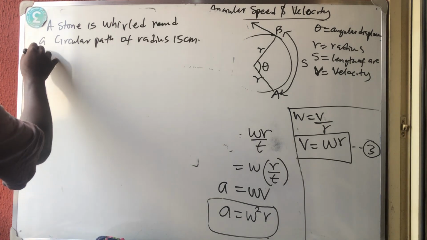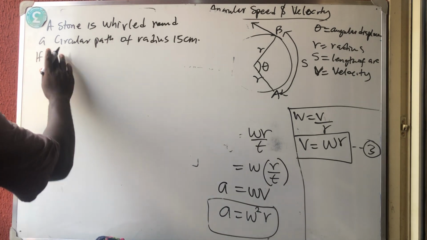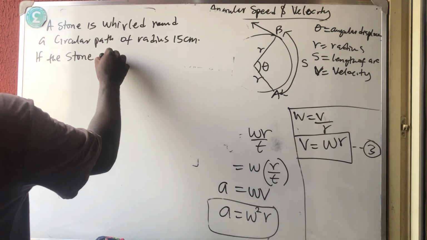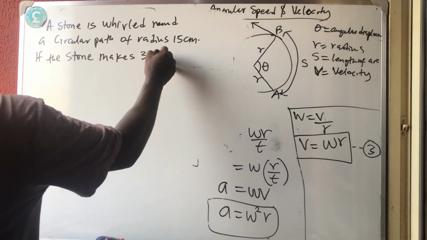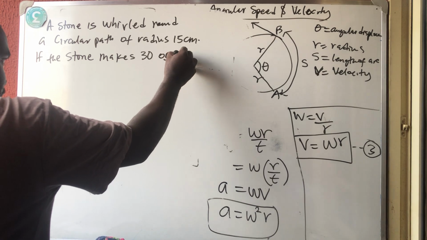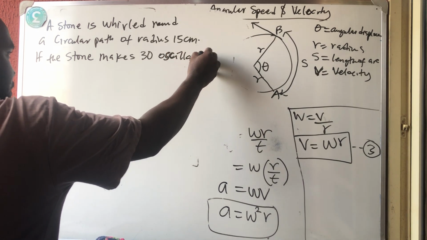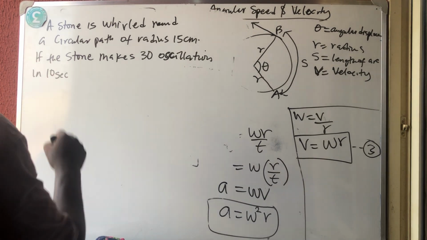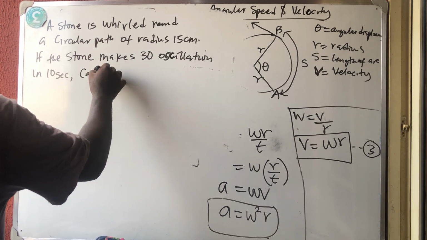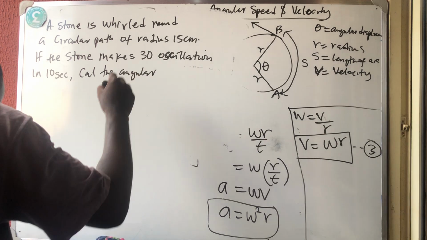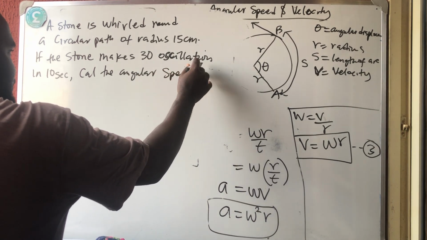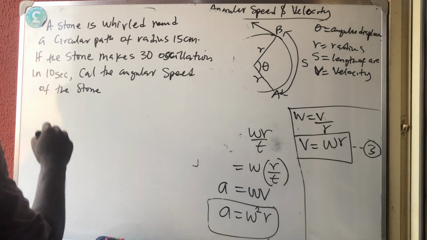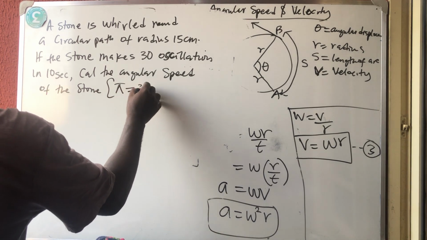If the stone makes 30 oscillations in 10 seconds, calculate the angular speed of the stone. Then they gave us that pi is equal to 3.142.